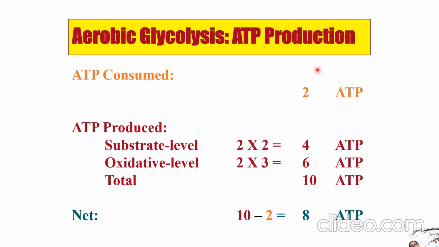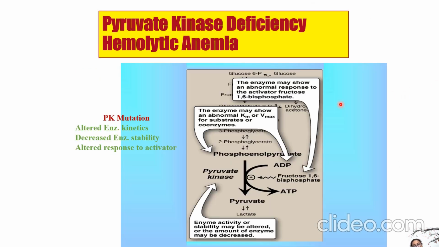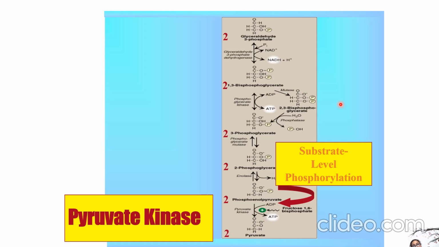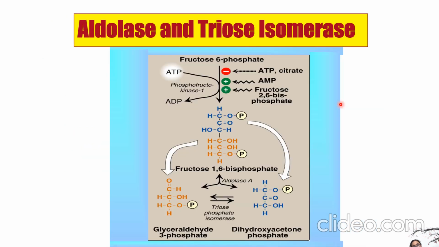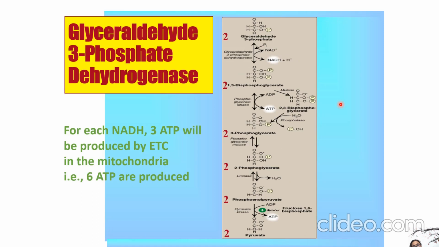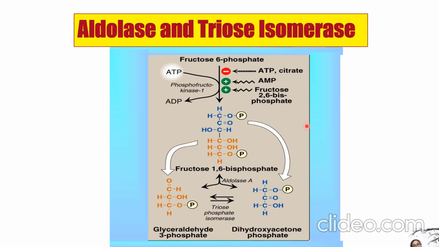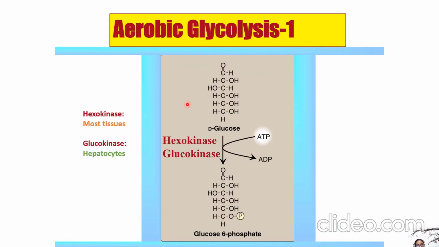But we know that 2 ATPs were also consumed. Which step consumed the ATPs? Anybody? So this step consumed ATPs. If you see, ATP is consumed and ADP is formed.